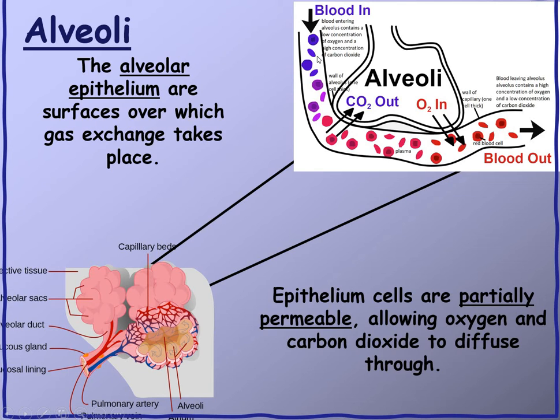You can see that deoxygenated blood is brought to the capillary, to the alveolus, and oxygenated blood is taken away from the alveolus.